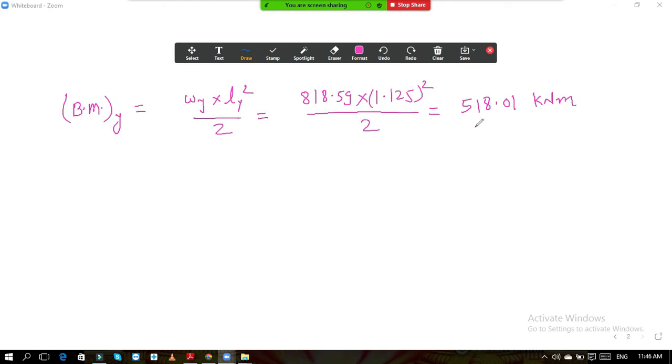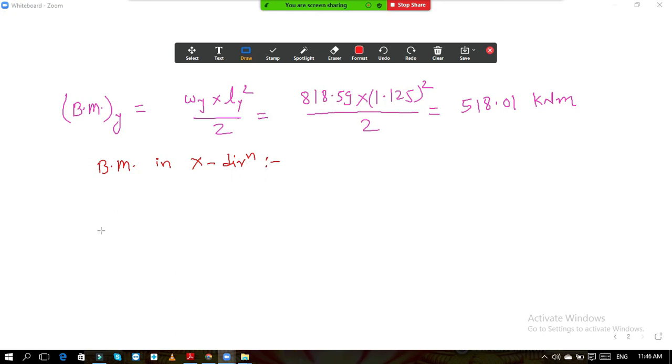Now similarly, we will calculate the bending moment along x direction. So here I will write bending moment in x direction. How to calculate the bending moment in x direction?